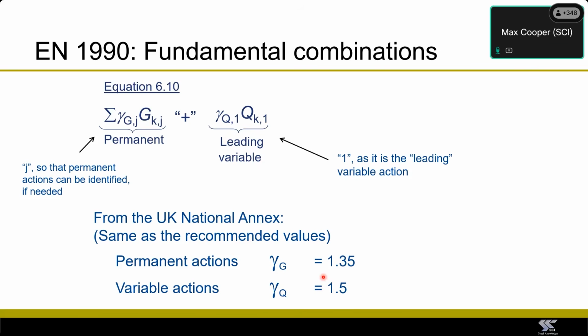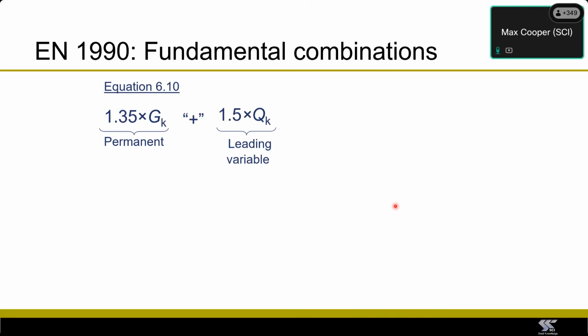This is the combination of actions in its most straightforward form, and one I would suggest that many people use every day. If we put that all together, we see it really is quite straightforward: 1.35 times the permanent actions, added to 1.5 times the variable actions. So that's the case where we have a single leading variable.